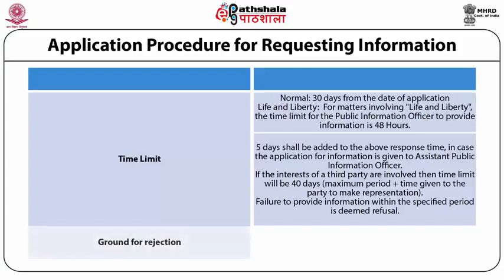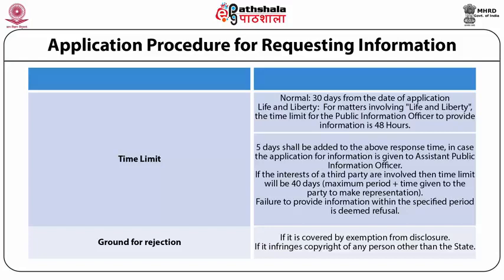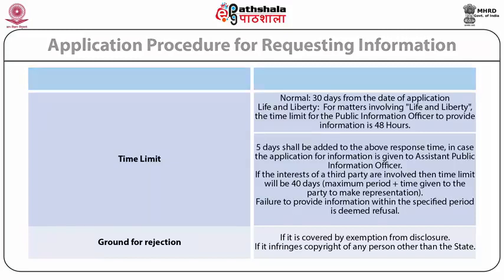As far as ground for rejection is concerned, it is mentioned that if it is covered by exemption from disclosure, only then it can be rejected, or if it infringes copyright of any person other than the state, then these can serve as the ground for rejection.